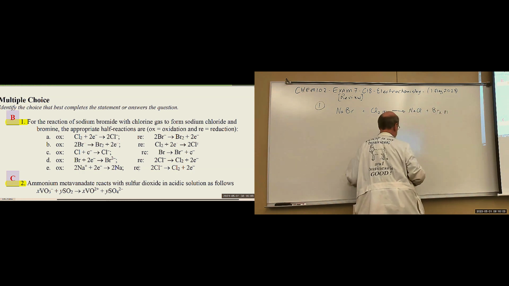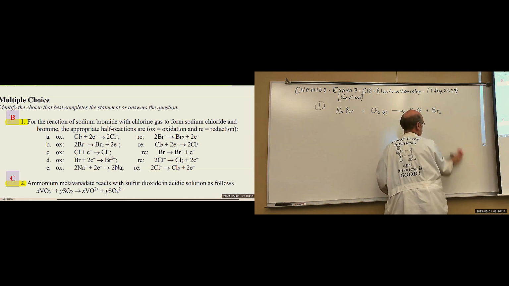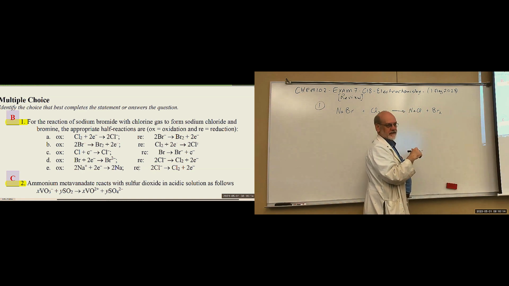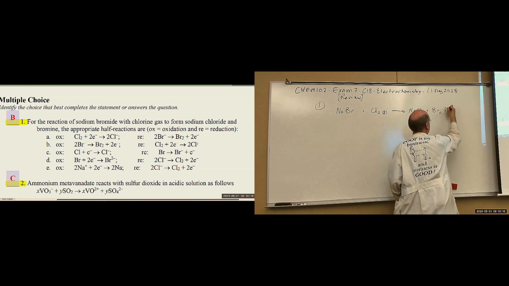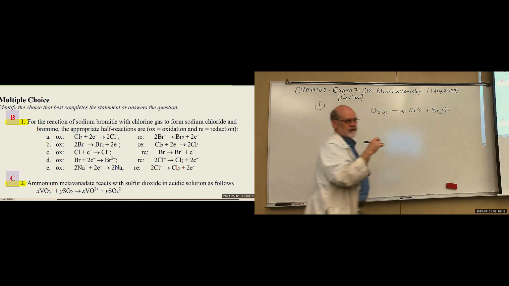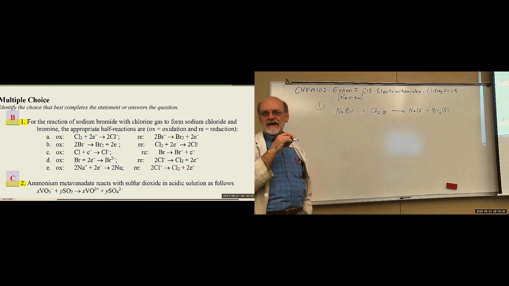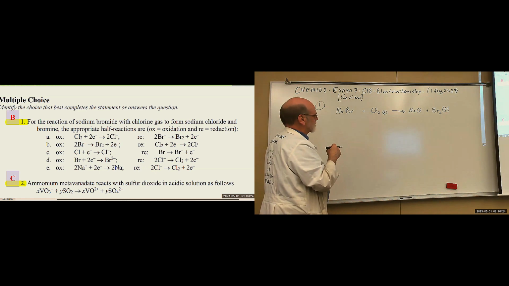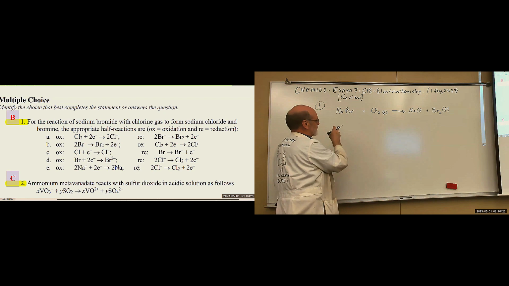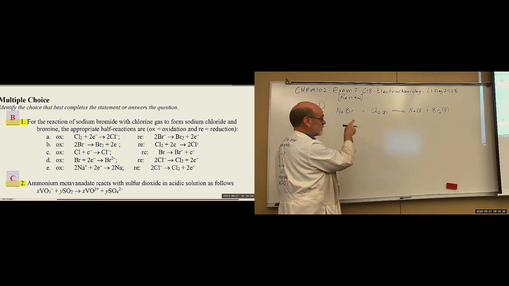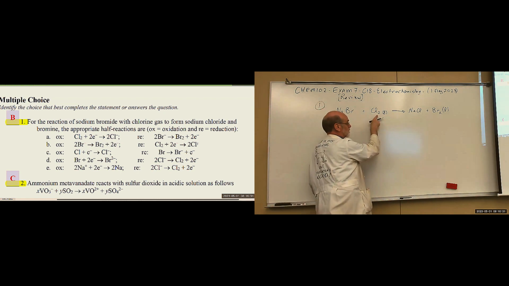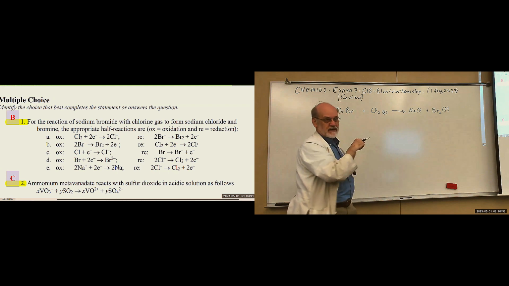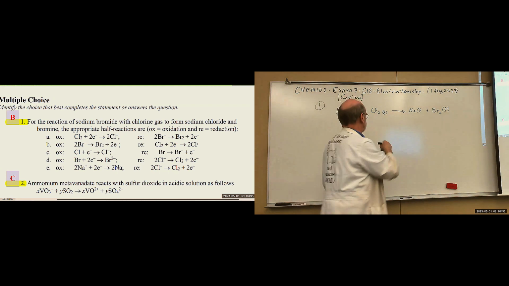Oh, that's not a gas. It's a liquid, isn't it? Fluorine, chlorine are gases, bromine's a liquid, iodine's a solid. The phases don't matter in this case, except for the gases, because we need to know it's a gas in order to assign diatomic to it. Well, that one we do.